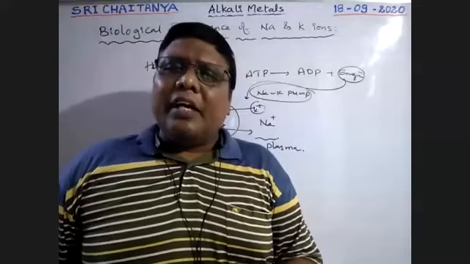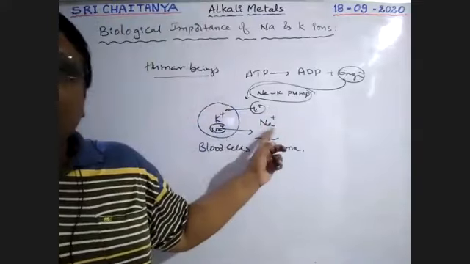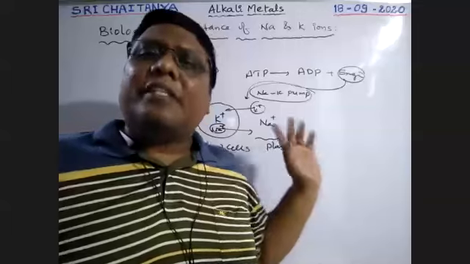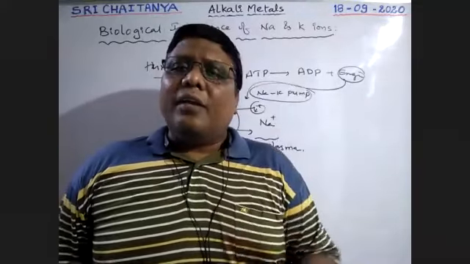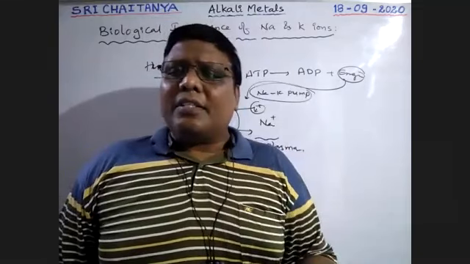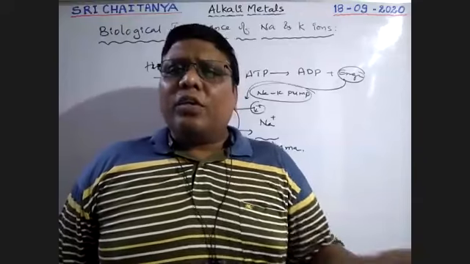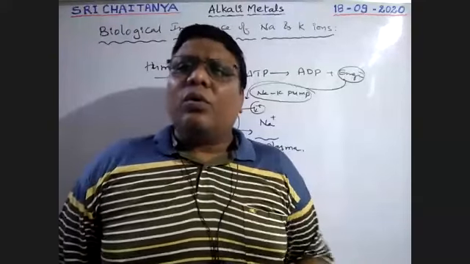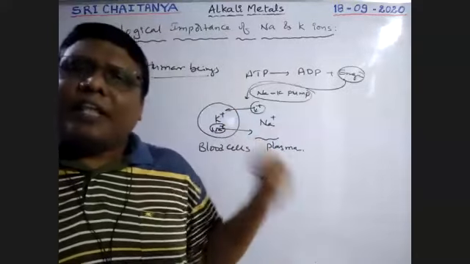That is because of more sodium ions present outside the cell. That is why your parents or elders frequently tell you not to take more salt. Because of this reason, hypertension is developed.